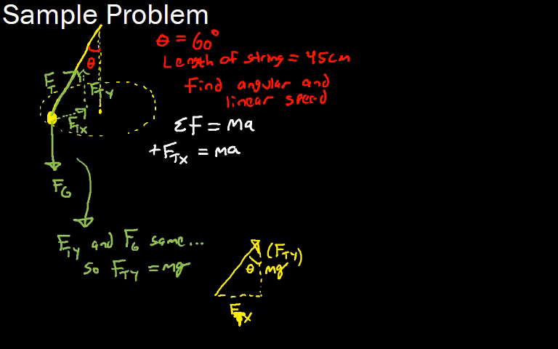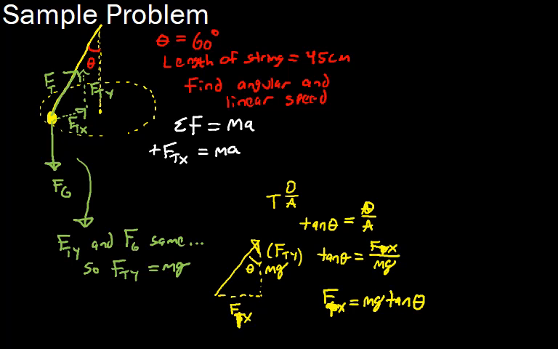Okay, so when we set up the right triangle, we have the force of tension in the y as the adjacent side, and we have the force of tension in x, which would be the opposite side.